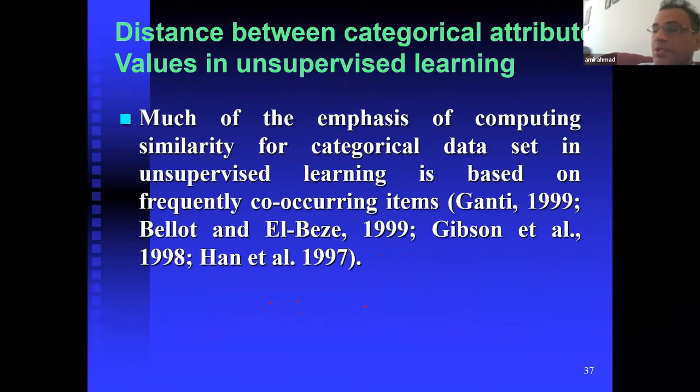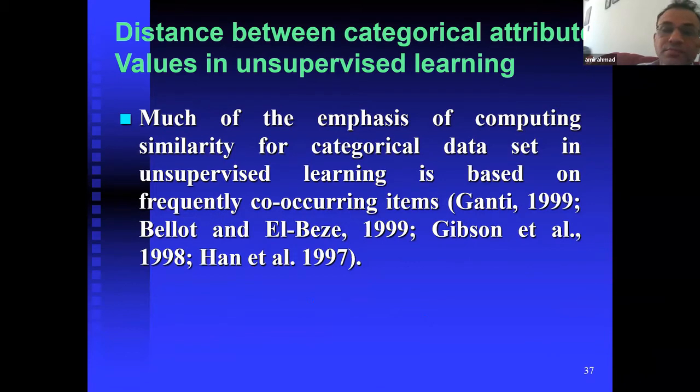Now, what is the approach I have used to compute the distance? There is a well-defined theory which says that the distance between 2 attribute values can be computed using other attributes, by finding the relationship between attribute values and the other attribute values.